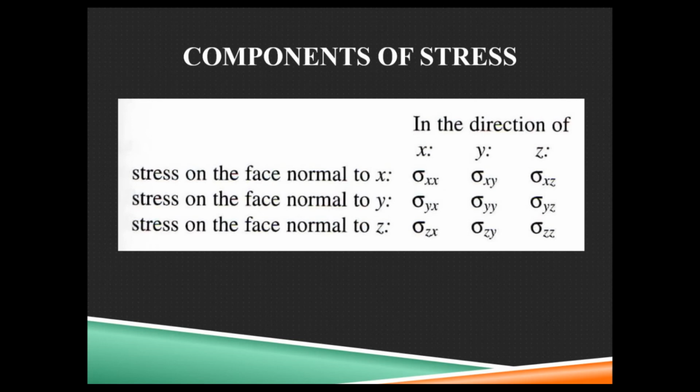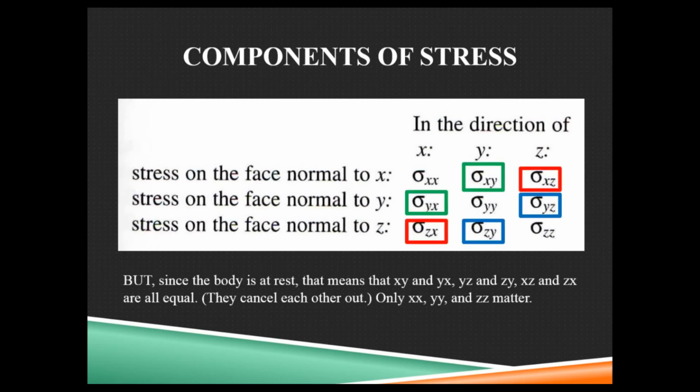Looks really complicated, and like we're going to have to do lots and lots of calculations because there are 9 different stresses. However, if it's not moving, these 6 are all going to cancel out. The 2 in blue are opposite of each other.